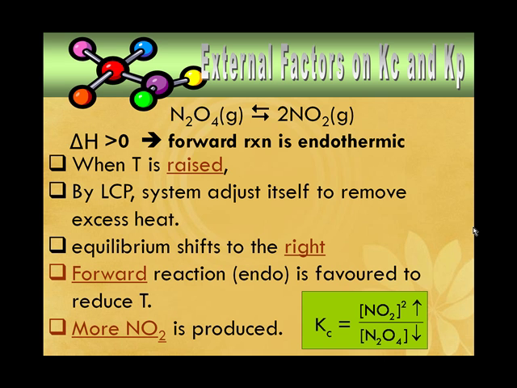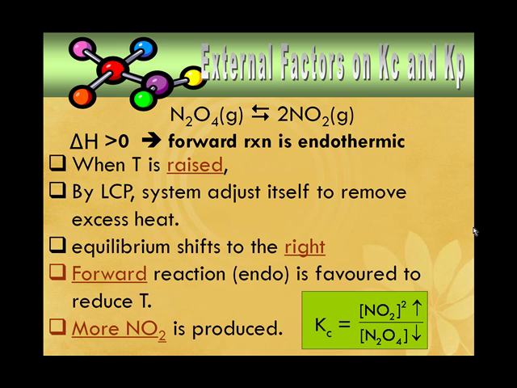Now, the Kc expression for this reaction is the concentration of NO2 raised to the power of 2 divided by the concentration of N2O4 raised to the power of 1. Now, what just happened is this. The numerator has just increased in value, but the denominator has decreased in value.